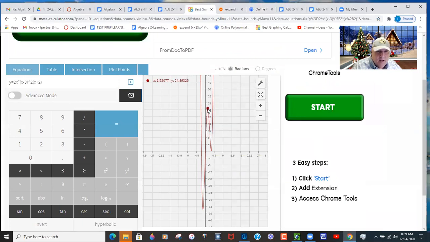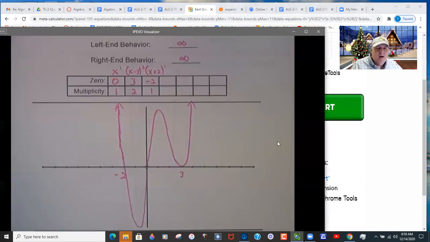So you can say, oh, that's like 1.225. So that peak is up to 25. And then you can say, all right, this one down here is close to negative 33. So you actually can figure out if you wanted to, but it's not necessary. But there are some people who want to know exactly how high up and how low down.